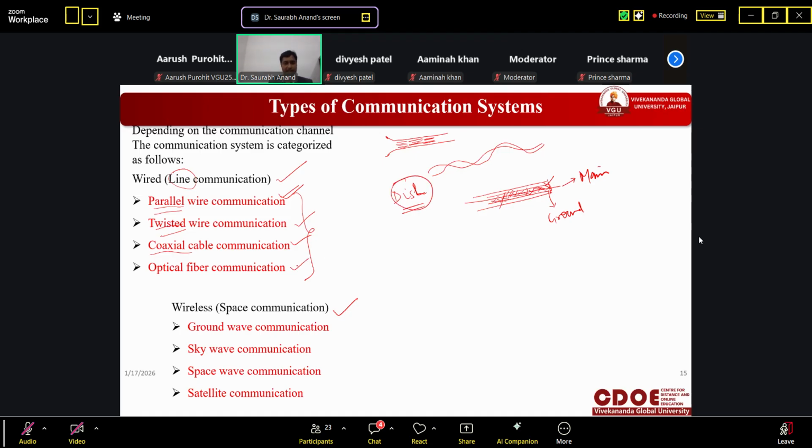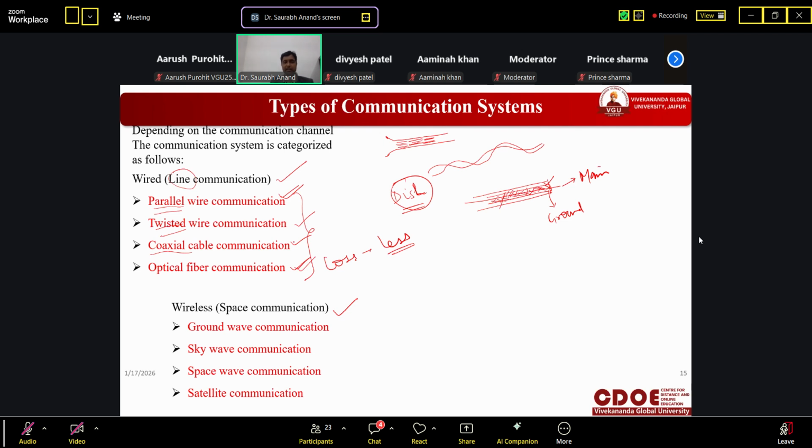And last one is optical fiber. Optical fiber, you know well, whatever the connection we are getting at our home or in office, that internet is coming through optical fiber. And the advantage of using optical fiber is that the losses are very less, or least we can say.